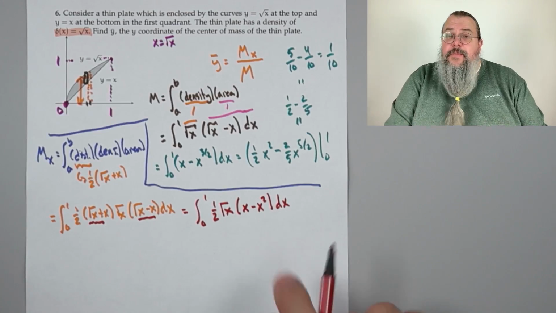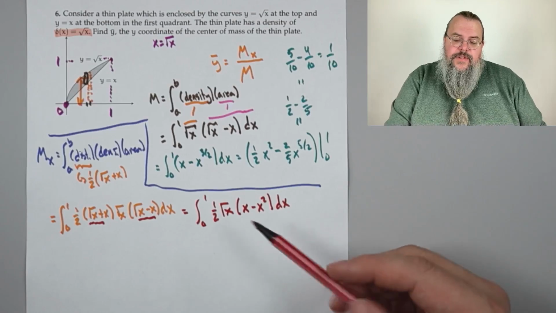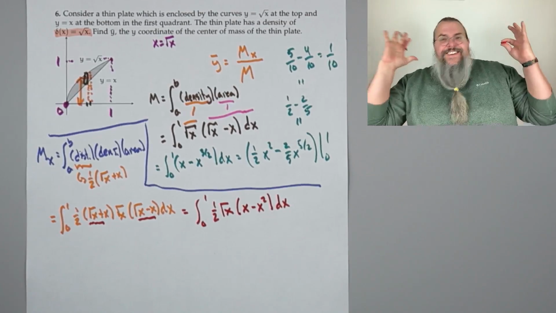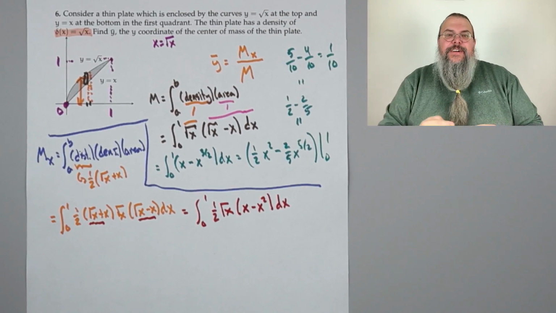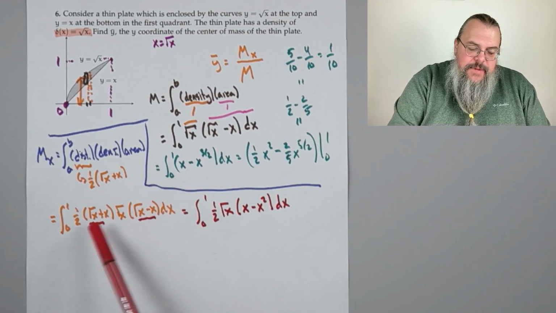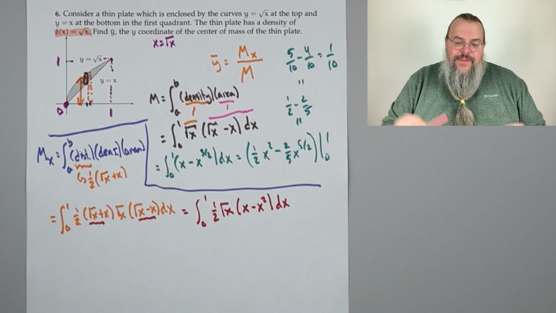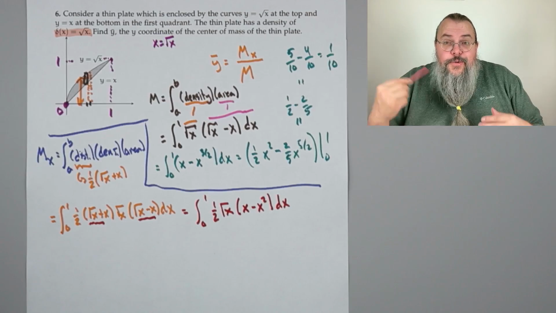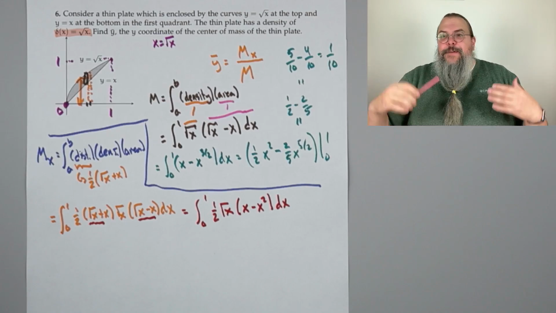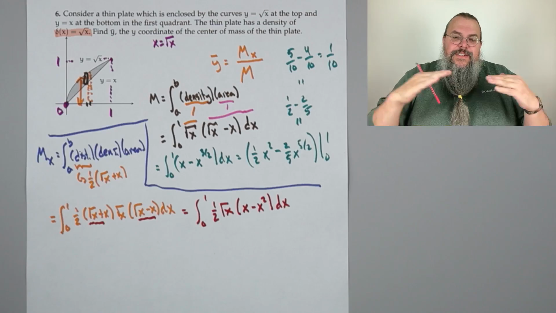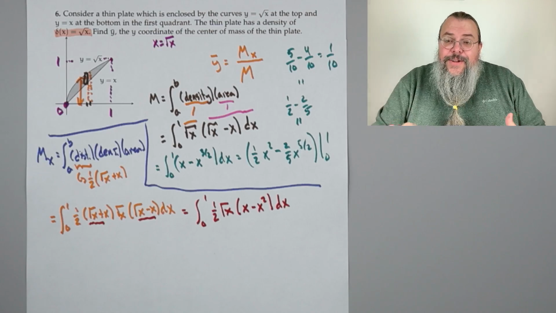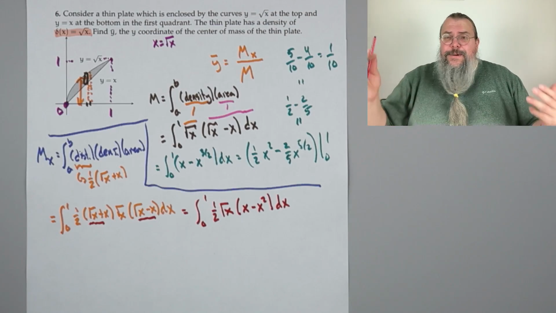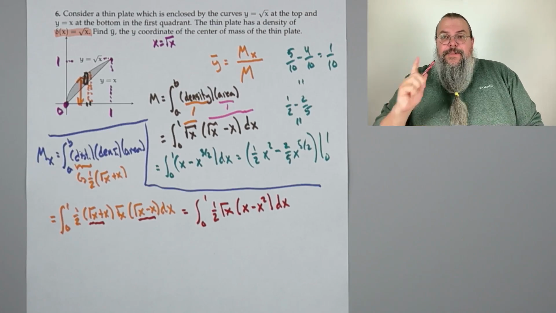And sometimes this is the formula that they give you. They say, oh, it's 1/2 density times f of x squared minus g of x squared. And you're like, what? Where did that come from? Well, what's happening, of course, is you're combining pieces about area and distance. If you can memorize formulas, great. But if you're getting a little bit gray in the beard, maybe just don't try to memorize too many formulas. Just say, look, we'll figure it out. We know how to set things up. We're pretty good. I mean, we're in Calc 2, right? We're pretty smart people.